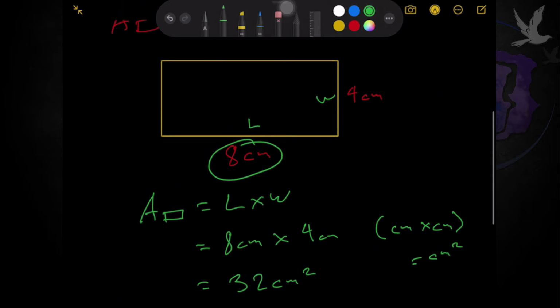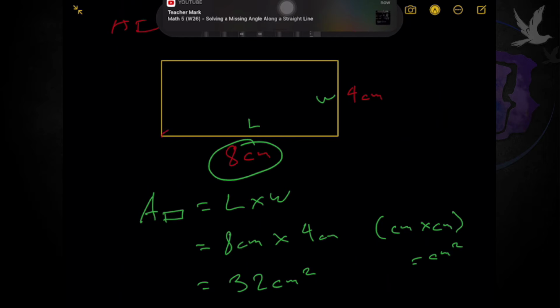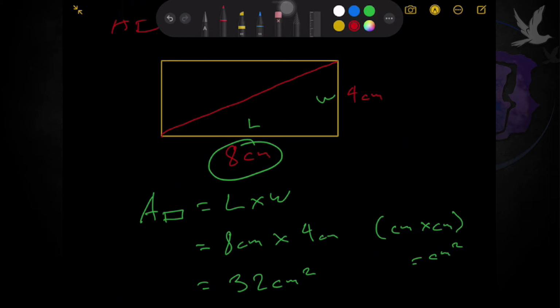Now, if you notice, what if you're going to take this part, like this? What do you notice now? What do you notice there? Taking half of the rectangle, we split it in half. We were able to split it in half at some point.